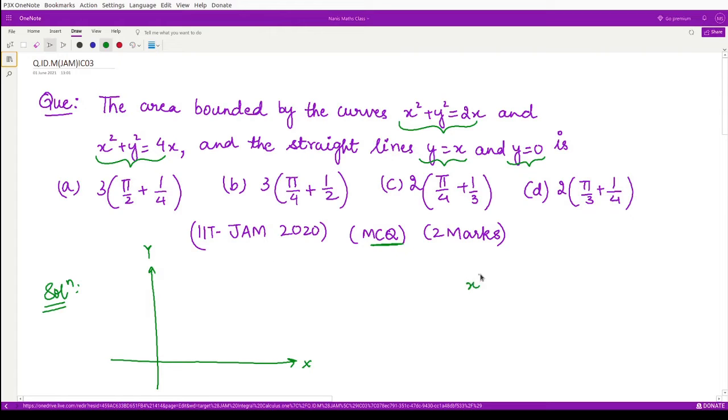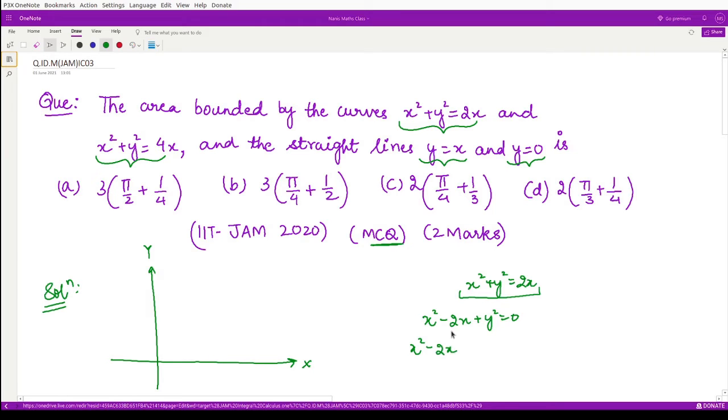this circle x square plus y square is equal to 2x, right? Okay, so we have this circle here having equation x square plus y square is equal to 2x. So in order to see where this circle lies, you can complete the square of x here, so that it would become x square minus 2x.